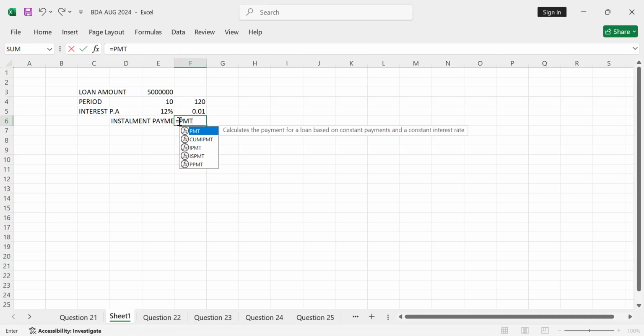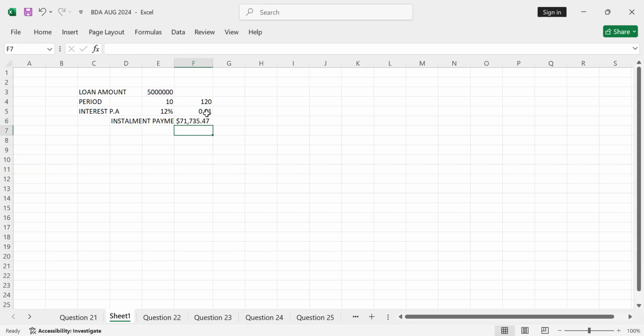It's good that you always begin with a negative so that you eliminate the negative that will occur. Then you put into bracket the rate, which is this 0.01, comma, period is the NPER, which is 120 months, and then comma, the loan amount is our present value. Then you close the brackets and press enter.